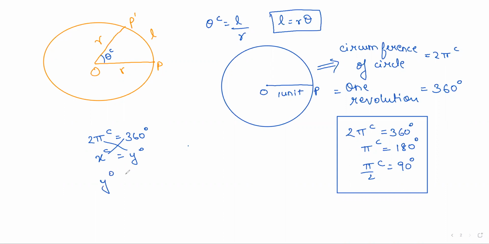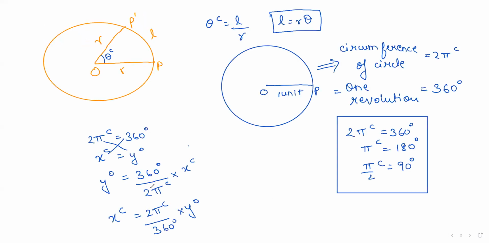Y degree over here is equal to 360 degree upon 2 pi radian into x radian. Similarly, x radian is equal to 2 pi radian upon 360 degree into y degree. Now, instead of y degree, let's call it degree measure.